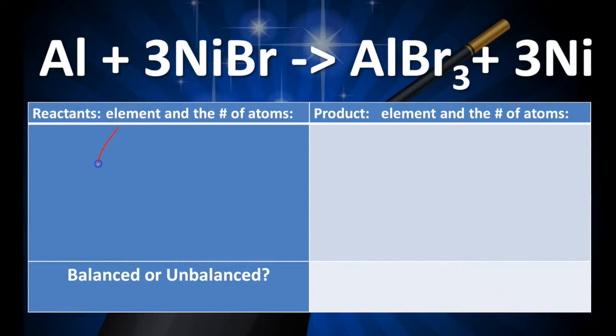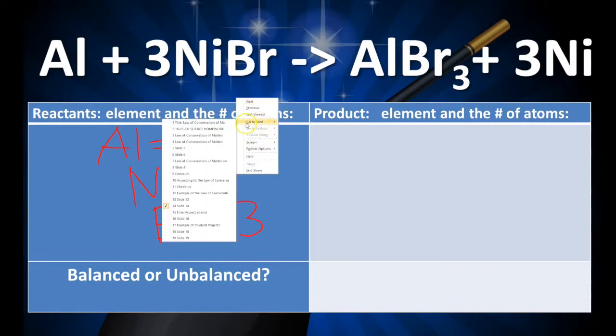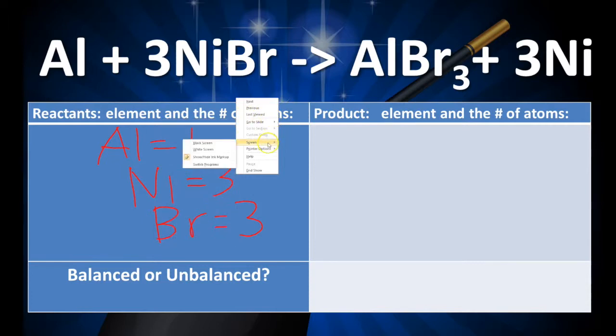So the next one, I'm going to start with aluminum is 1, I believe that's nickel is 3, and bromine is also 3.